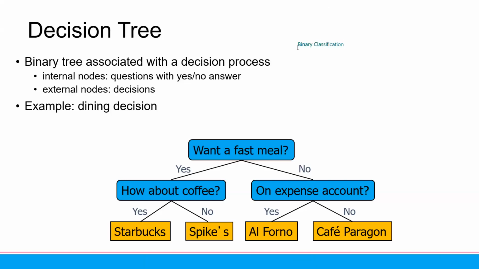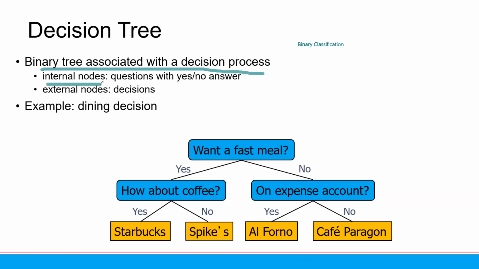So in the binary classification or the binary decision tree, it is using the idea of this tree, the binary tree associated with the decision process.